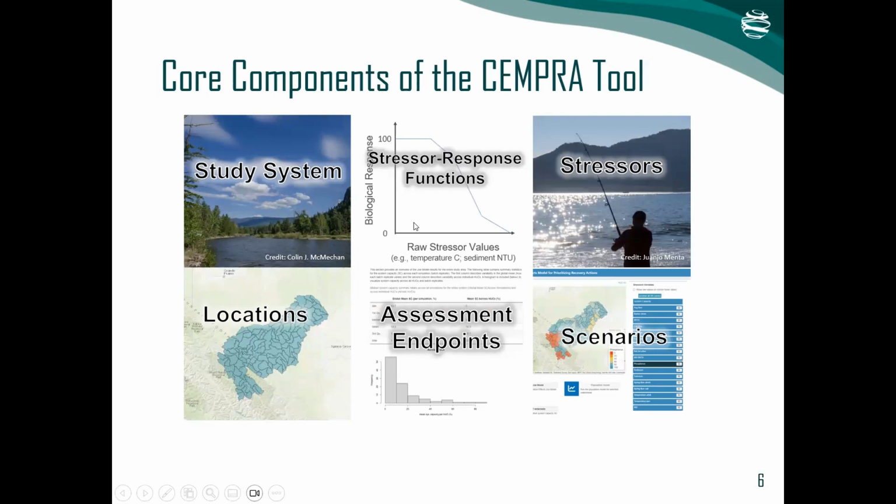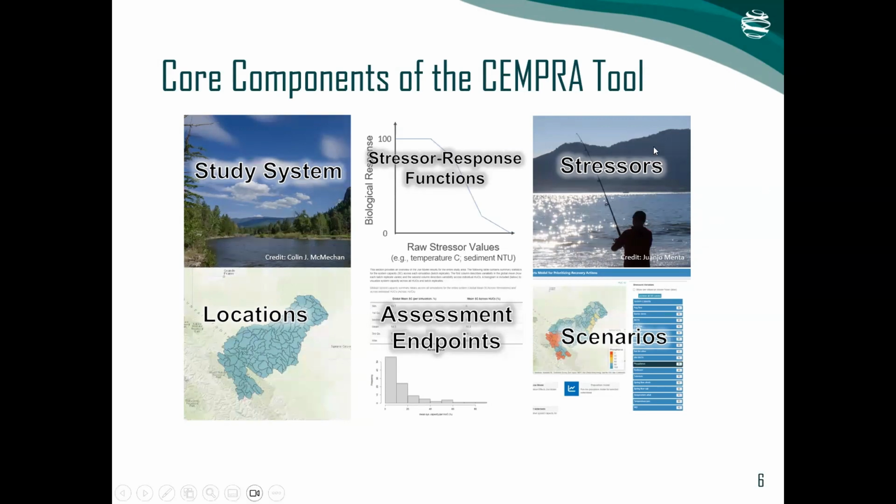The core components of the CEMPRA toolbox include the following. First, we have to think about a study system. So this will be a focal species or aquatic ecosystem of interest. Next, we think about a series of stressor response functions linked to the study system. So these could be things like thinking about turbidity in relationship to survivorship or temperature or habitat.